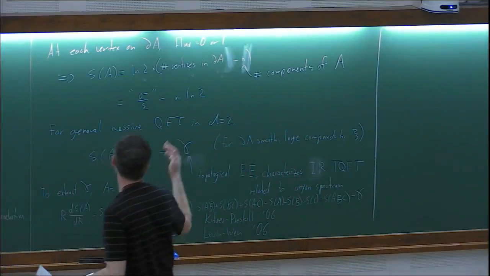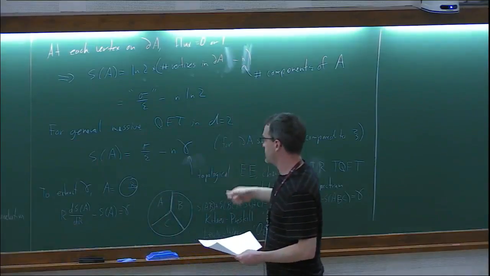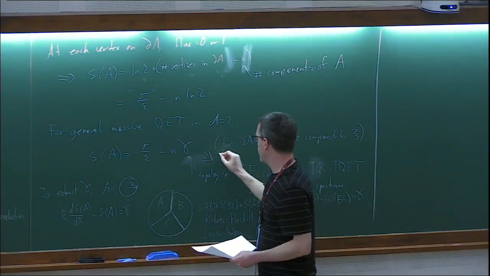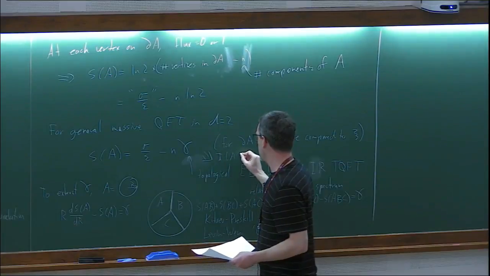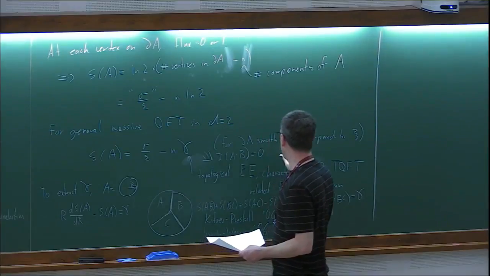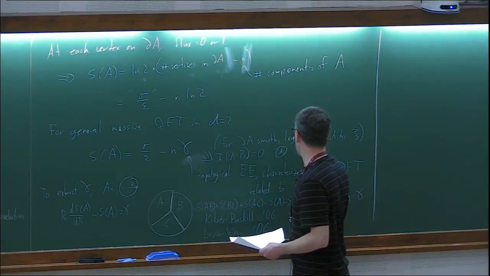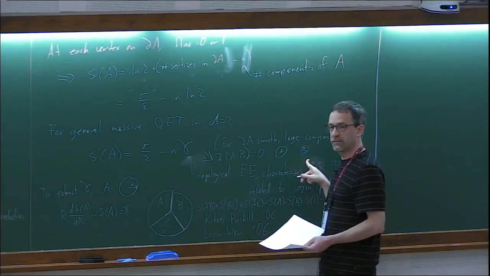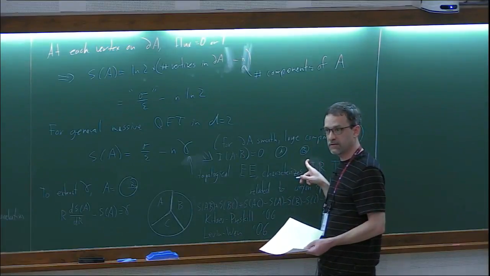And you see from this, by the way, that this implies that the mutual information for disconnected regions, for separated regions, is 0. Which means that there are no correlations, which explains why all your correlation functions vanished.